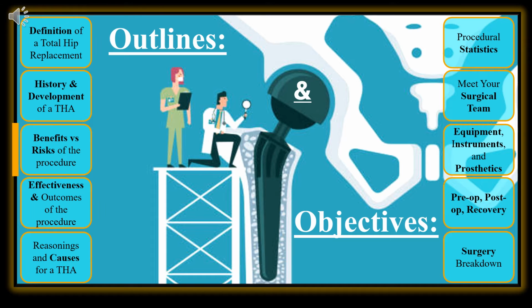I'll take you through some of the statistics of the procedure. We'll meet the surgical team involved. We'll go over some equipment, instruments, and the prosthesis used during the surgery. We'll go in the ins and outs of pre-op, post-op, and the recovery process, and you'll get a full breakdown of what to expect during the surgery.